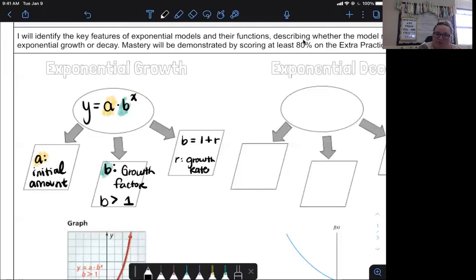So another way you could rewrite y equals a times b to the x, you might also see exponential growth equations like this: y equals a times (1 plus r) to the x. We can replace b with 1 plus r, since b is equal to 1 plus r. So sometimes you might see it like that as well.